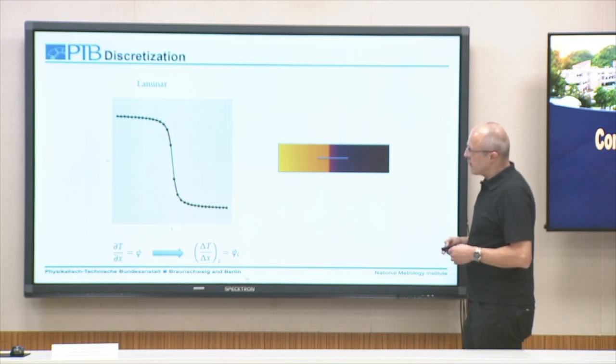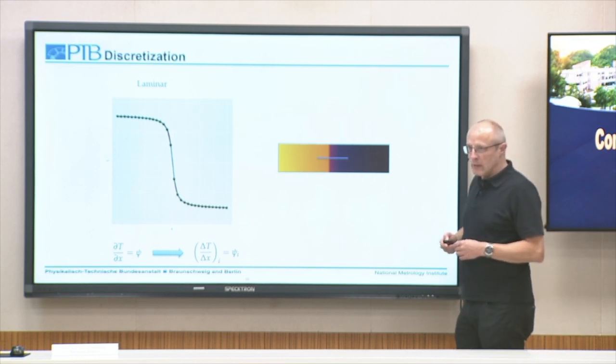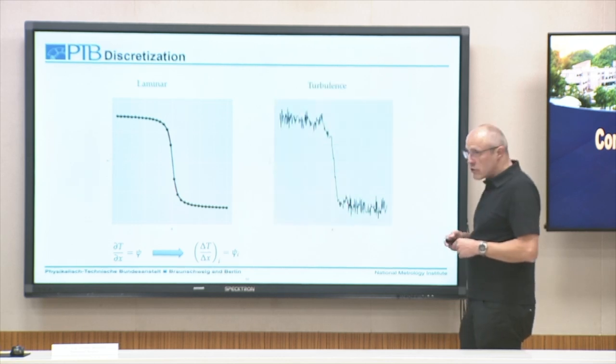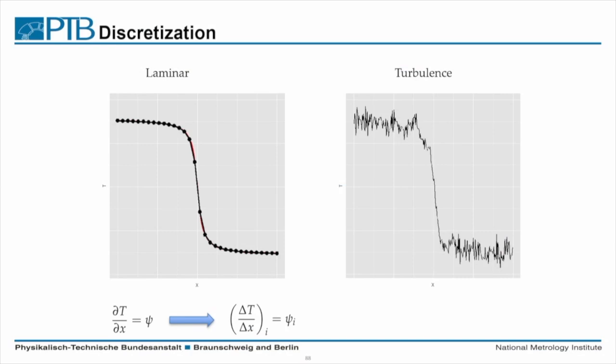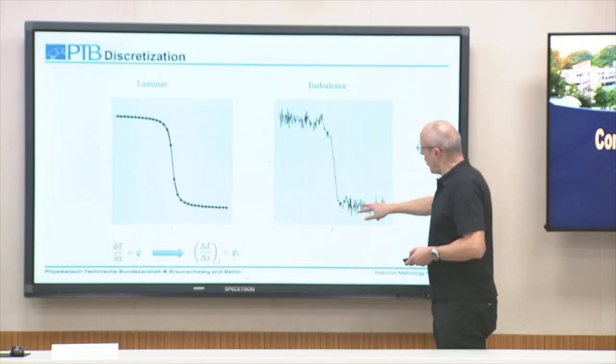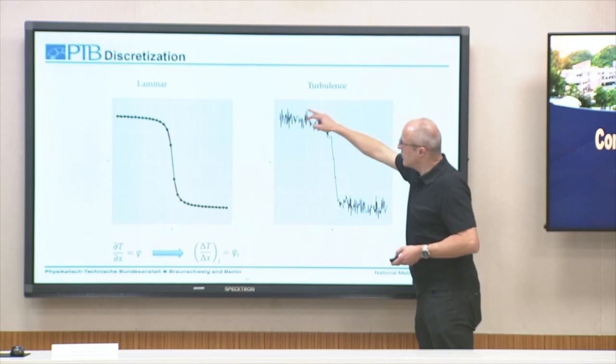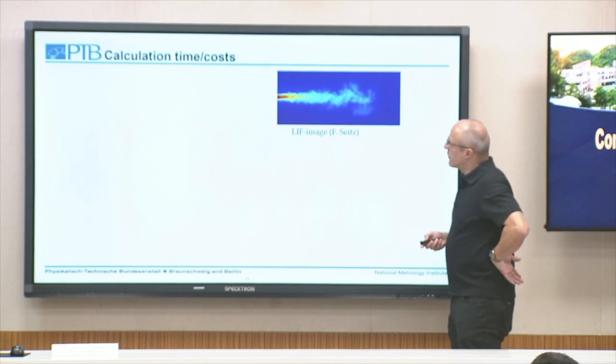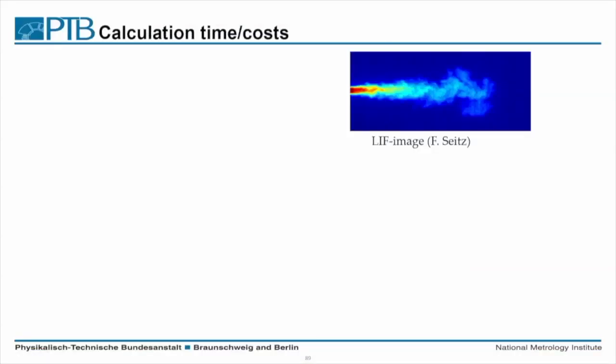So you see we just increase the number of grid points, we get a finer and finer grid, and the agreement is perfect. For a turbulent case, it looks a little bit different. So we have the overall profile, but also we have a lot of fluctuations here. And so then there's a question of calculation time and costs.